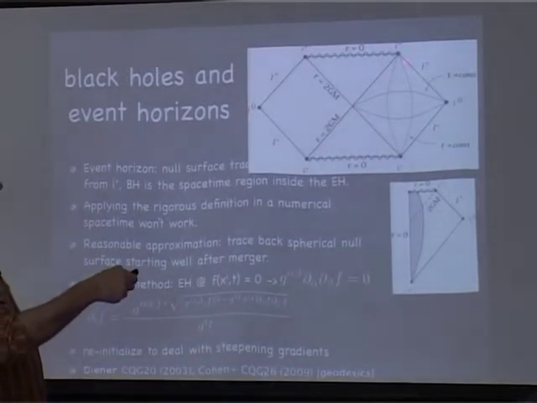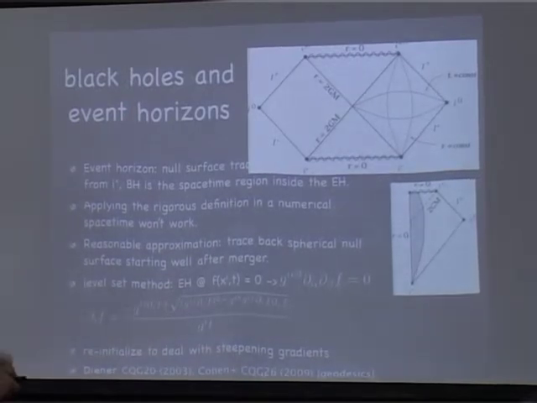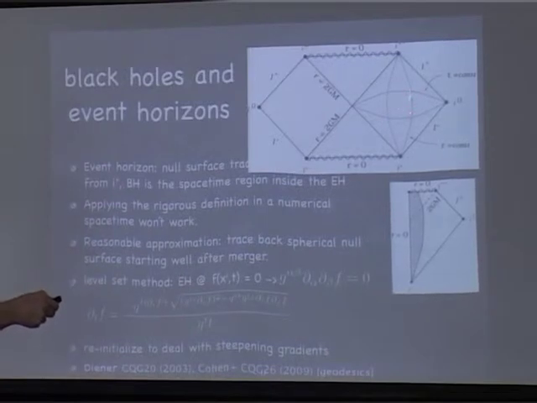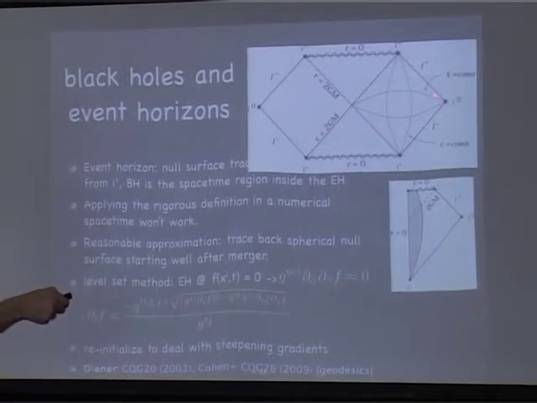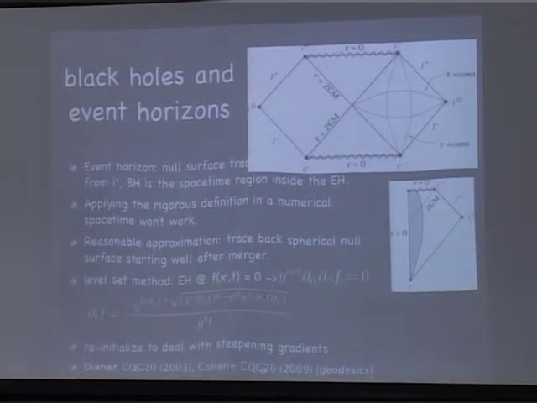And we have coordinates where light rays go at 45 degrees. So if you're here and you go on a time-like curve, you just fall inside the black hole, you end up in the singularity. If you go on a null curve, you go here, you go into the singularity at r equals 0.